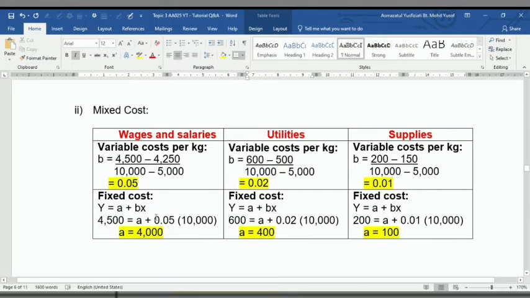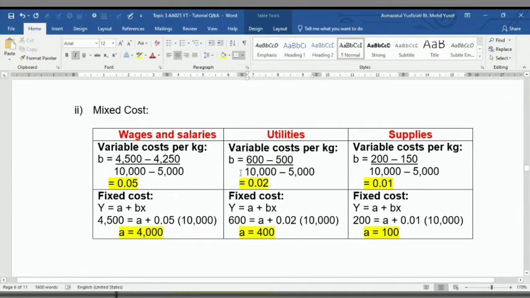B is the variable cost, the variable cost we just calculated just now, 5 cents. X is the highest activity, because I choose the highest activity. So you solve the problem, you get the fixed cost, that is a equals to 4,000.